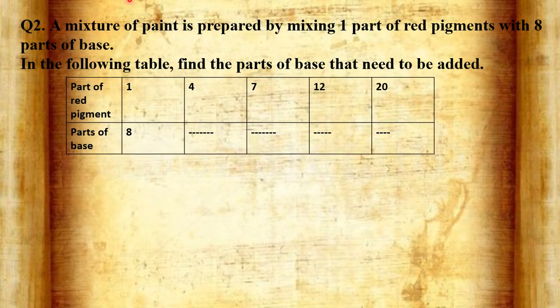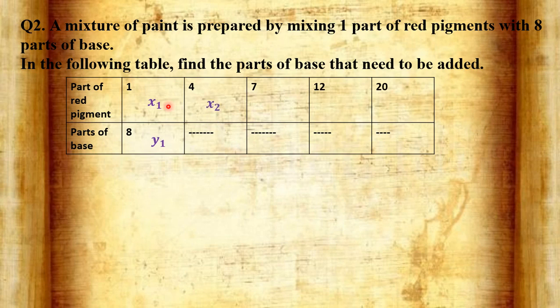Let us take an example. A mixture of paint is prepared by mixing 1 part of red pigment with 8 parts of base. In the following table, find the parts of base that need to be added. Let the part of red pigment be x and the part of base be y. So x1, x2 and y1, y2.